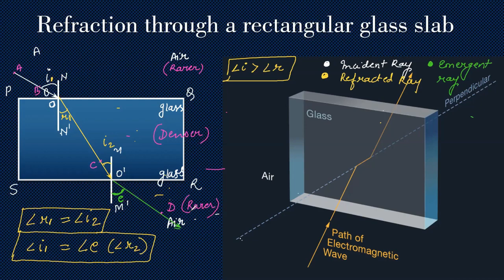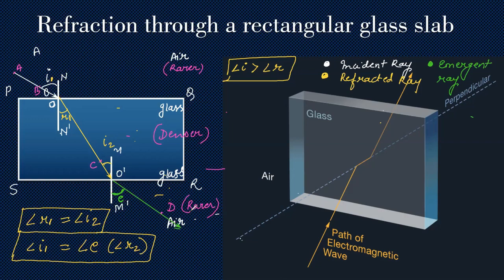So when a ray of light travels from rarer to denser, the refracted ray moves towards the normal, like over here. In the second refraction, the ray of light is moving from denser to rarer, so it is moving away from the normal.